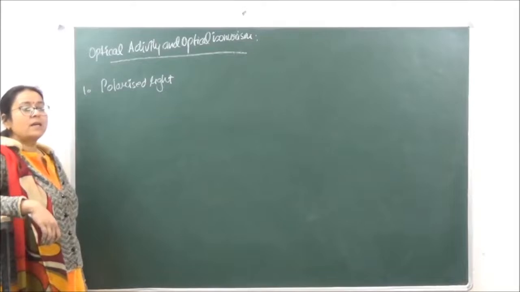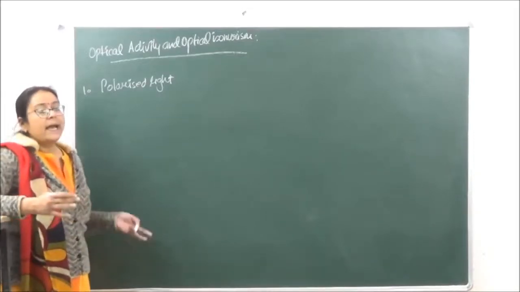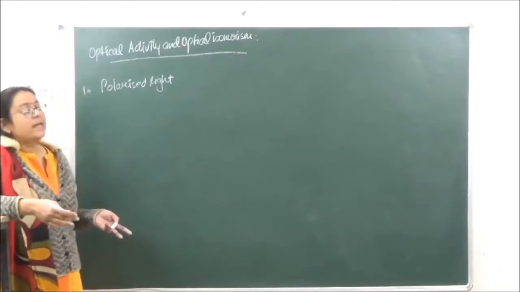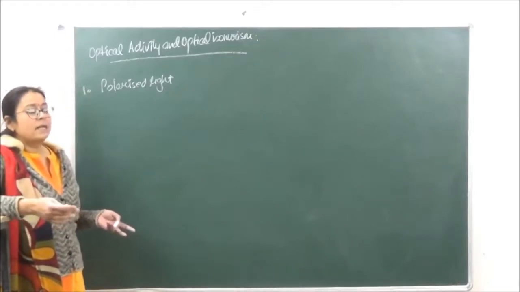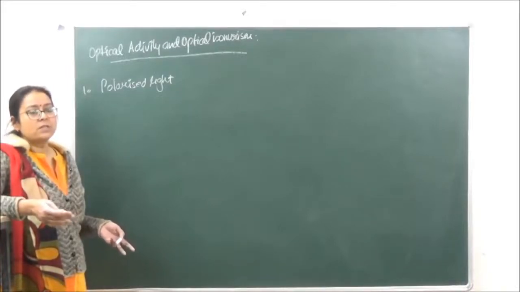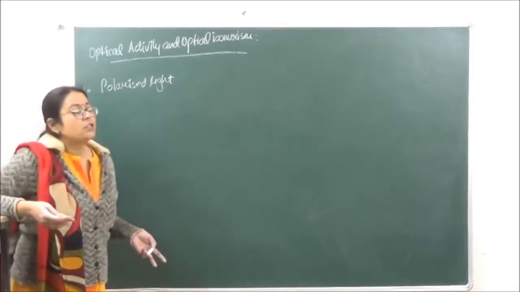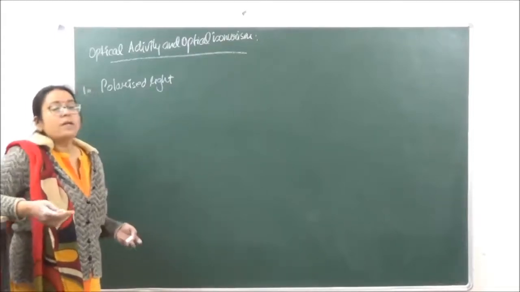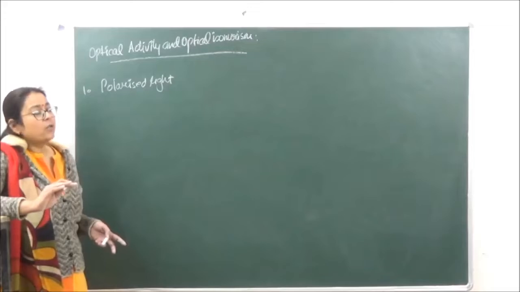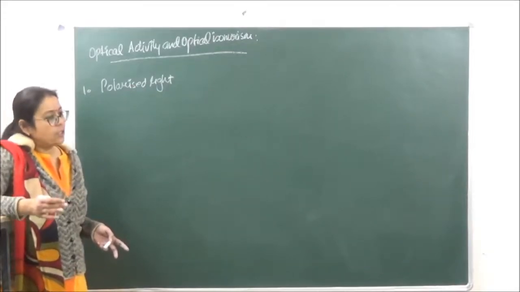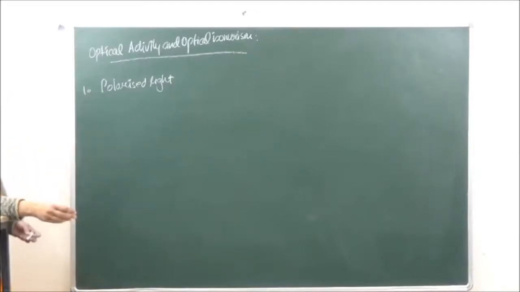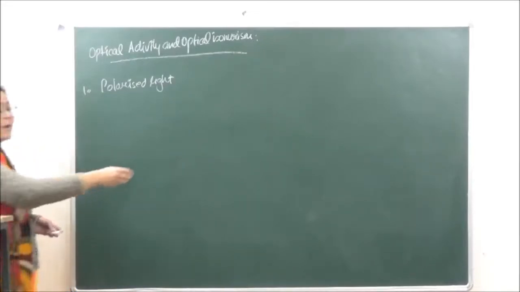Whenever we take a source of light and pass it through a polarizer, let's say the Nicol prism which we have, the Nicol prism is a hydrated calcium carbonate crystal. So when we pass ordinary light through a Nicol prism, it is going to start vibrating in only one direction. Such a light which vibrates in only one direction is known as polarized light.